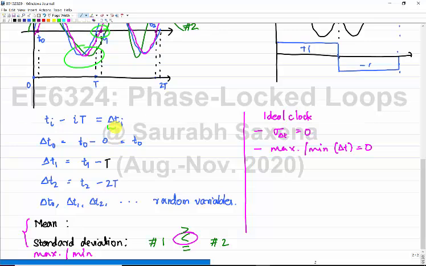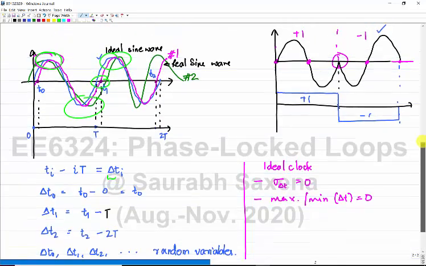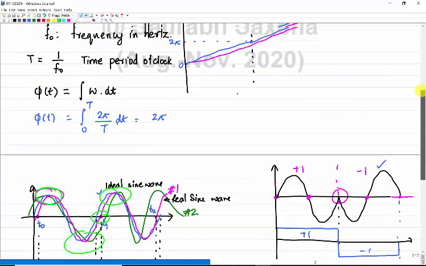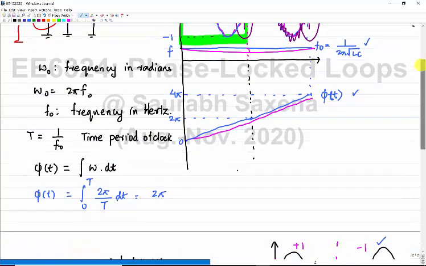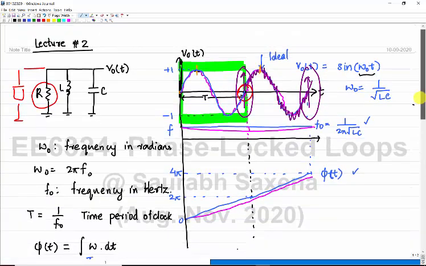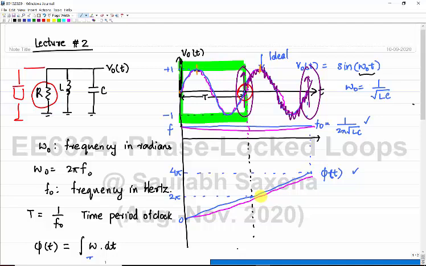In the same way, as I have shown you here, phase is an integral of frequency. The phase which you are going to accumulate with a real clock is going to be different from the phase which you are going to accumulate with respect to an ideal clock.